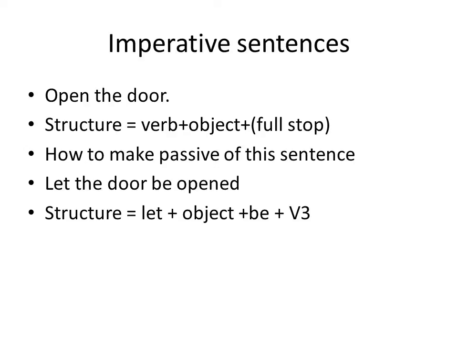We give an order to another person, but in imperative sentences we don't say you open the door. We just give the order by starting the sentence with a verb. So if we ask the question what to open, we will get the object, the door, and then we have to place be here, and the third form of the verb, as the verb is given at the beginning.